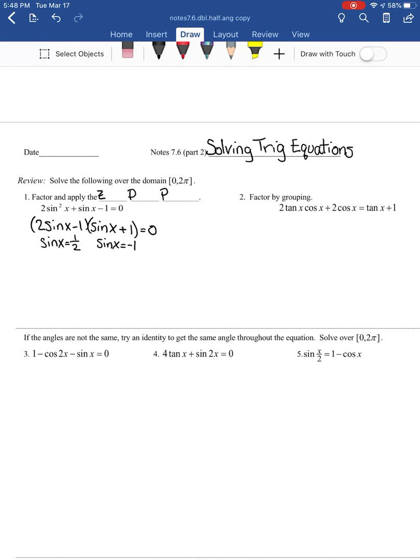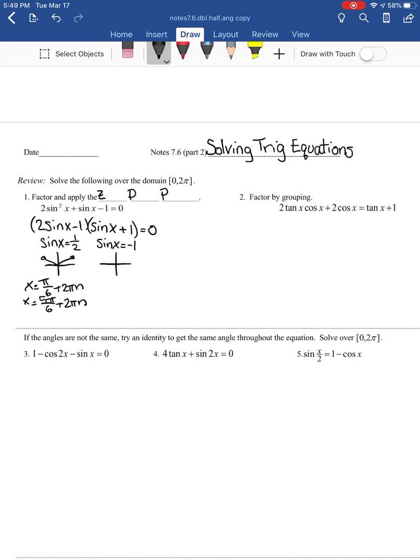At this point, I always draw my unit axes and think about in which quadrants this is true. Well, sine is positive in quadrant 1 and quadrant 2. So my general solution is pi over 6 plus 2 pi n and 5 pi over 6 plus 2 pi n.